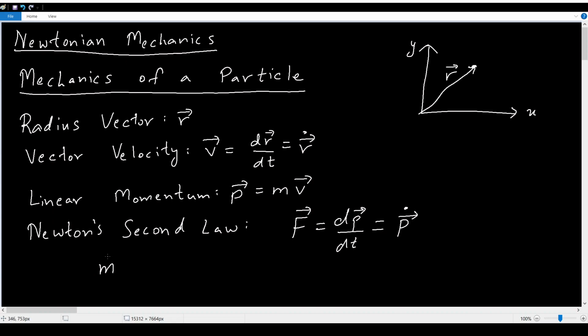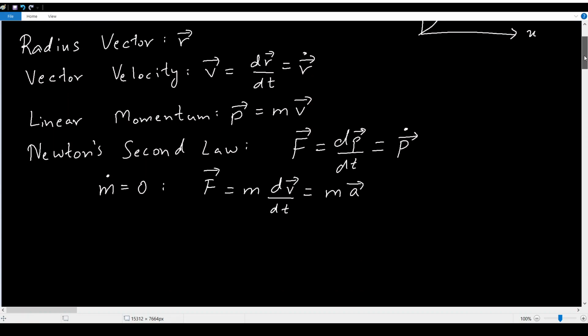So if the mass is constant, i.e. m dot is zero, so the rate of change of mass is zero, then you can put mv in for p, and F just becomes mass times dv/dt. And of course, what is dv/dt? What is the derivative of velocity with respect to time? It's the acceleration. So you get F equals ma. So in this way, we have defined acceleration as well, and we get the usual form of Newton's second law.